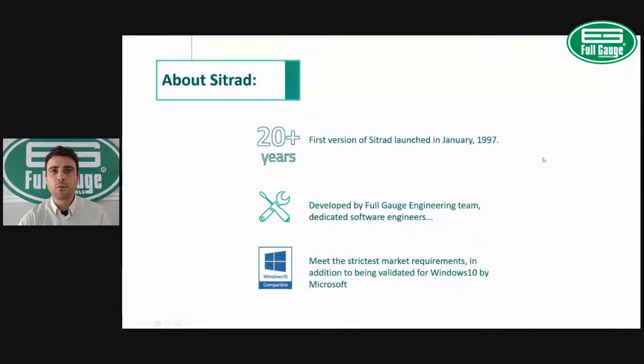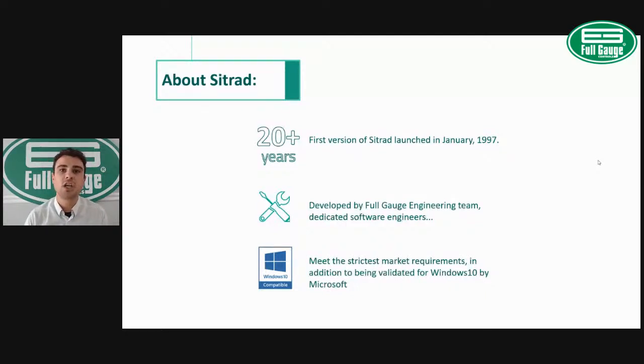So just some information about the CTROD software. CTROD was developed by the Full Gauge team back in 1997. So Full Gauge has its own team for software development and updates. That means we don't outsource the software development. Everything is done in-house.